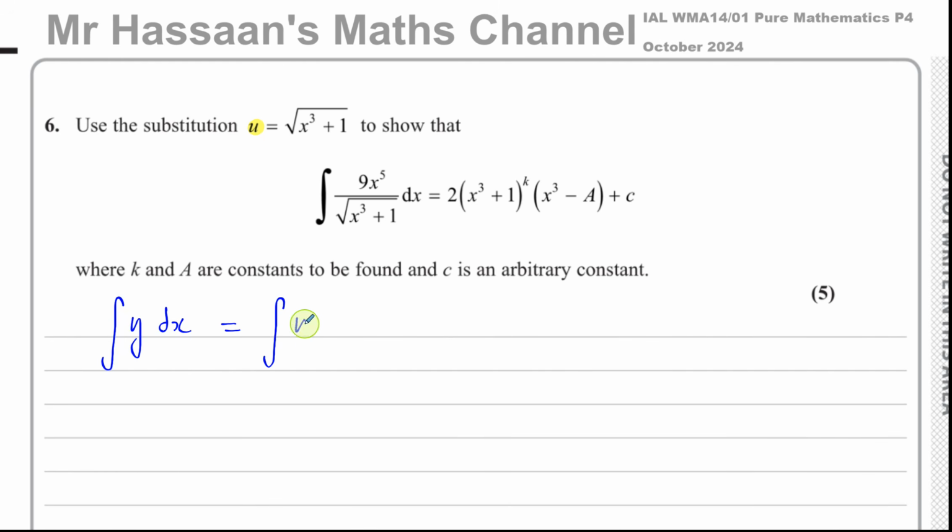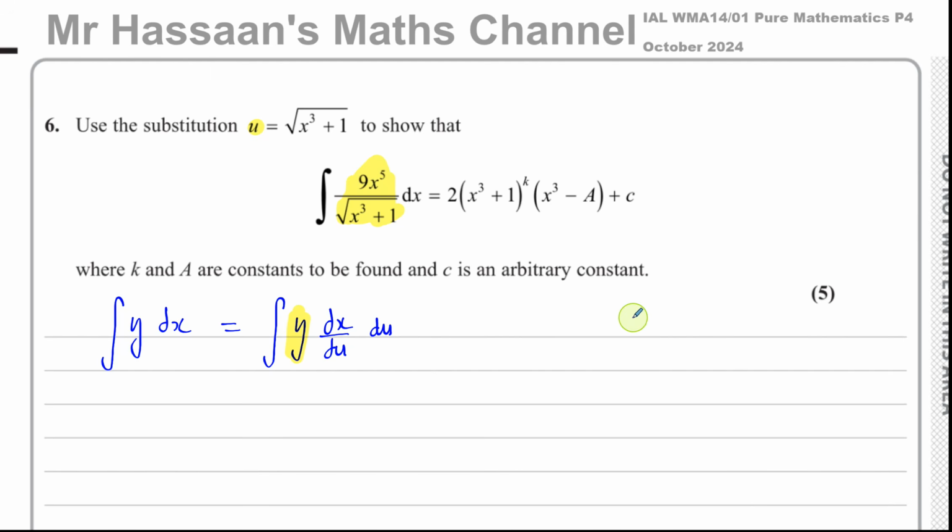This is equivalent to doing the integral of y times dx/du with respect to u. You can think of these two cancelling out, leaving you the same thing. y is the function that we have to integrate, and dx/du is the expression we get when we differentiate x with respect to u.